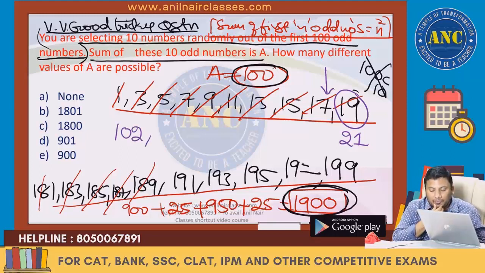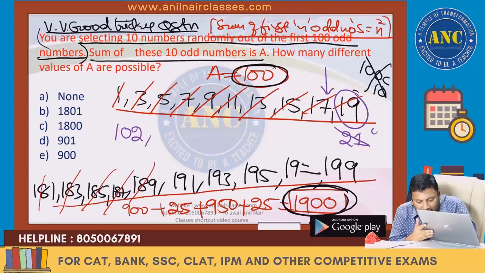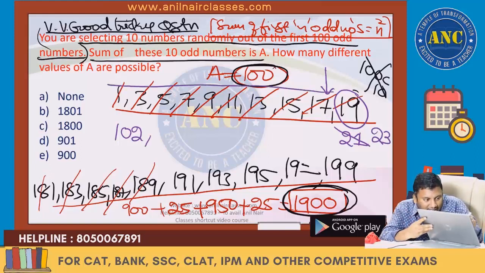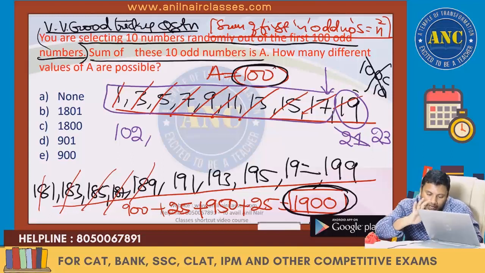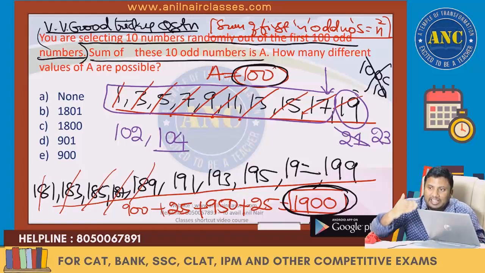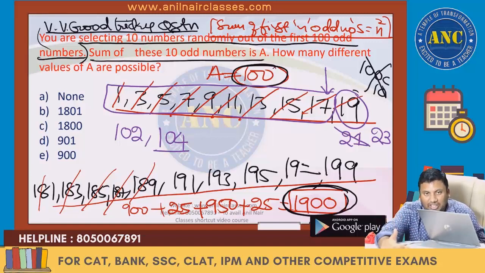If I replace 19 with 23, till here it is 81, and 81 plus 23 gives 104. So if 19 is replaced by 21, it increases by 2; by 23, it increases by 4, and so on. But my point is not that.